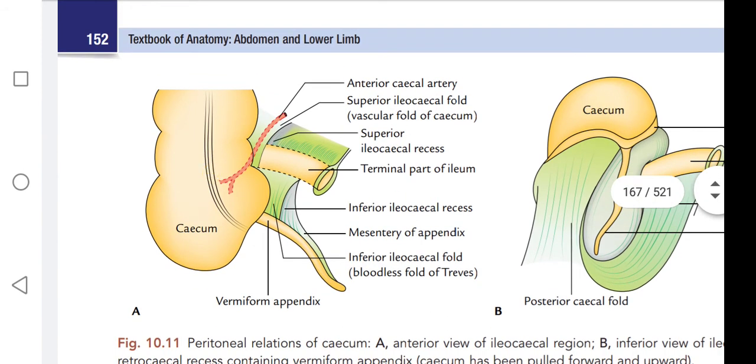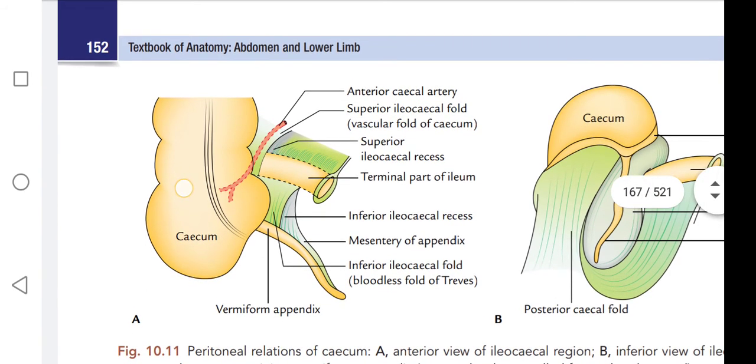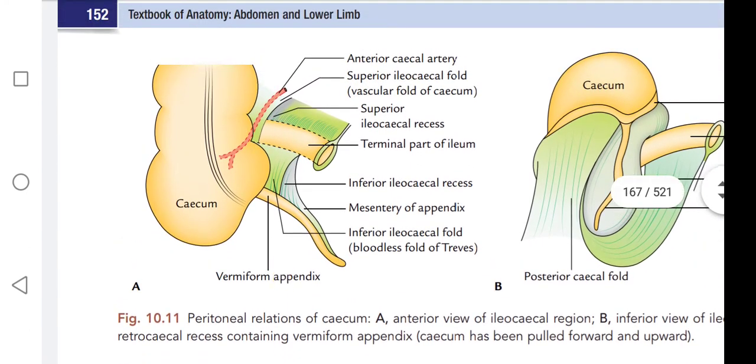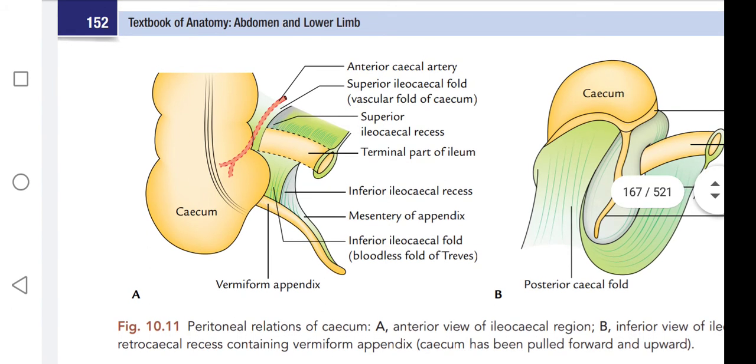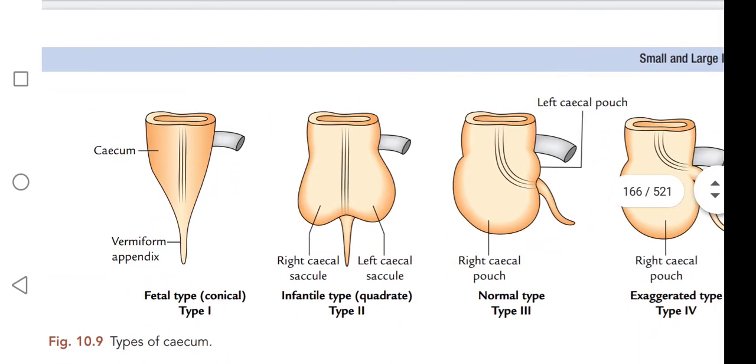This one is the normal type. You may observe here, the right one is somewhat larger than the left, and this vermiform appendix is present 2 centimeters below the ileocecal junction.